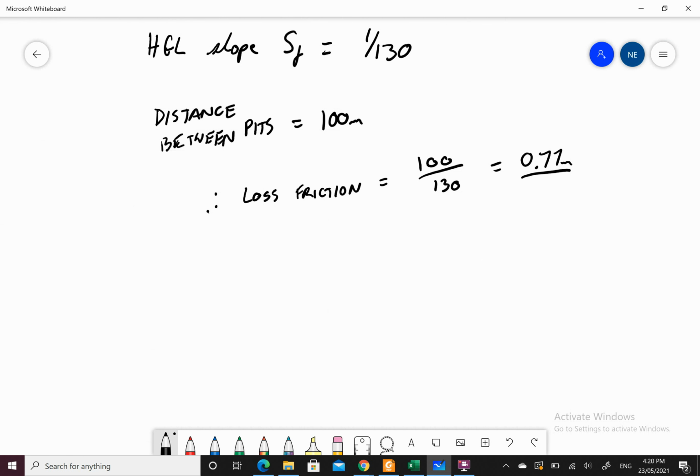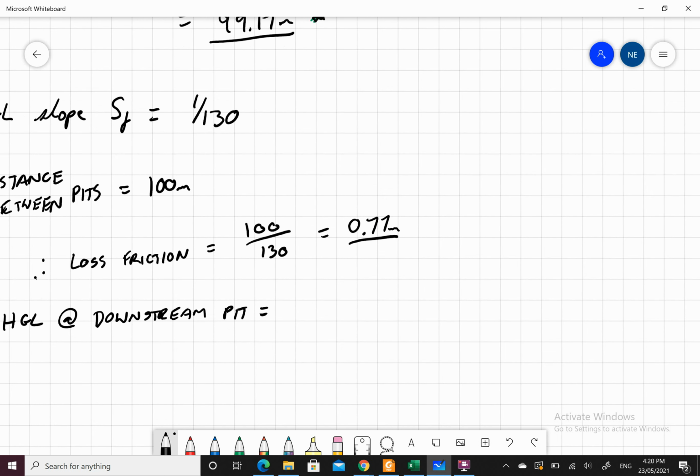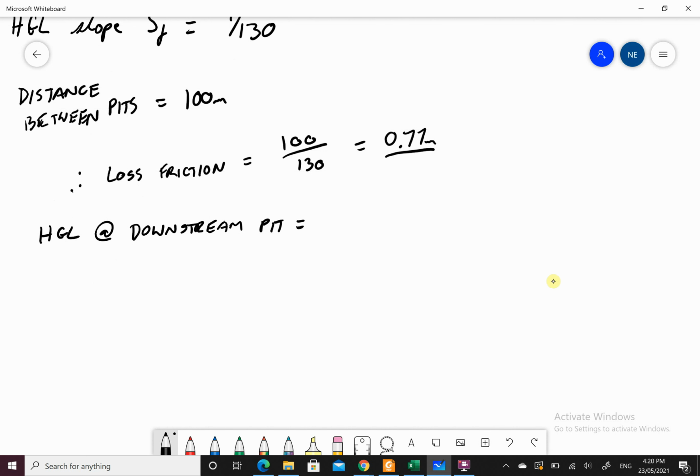So my hydraulic grade line at my downstream pit, or pit 2, is equal to, well, what was that first number? This one here, which is my outlet.